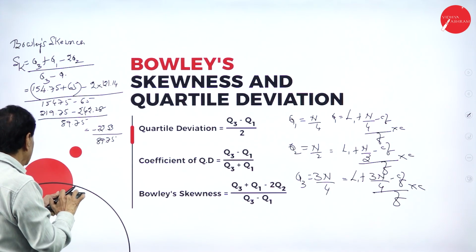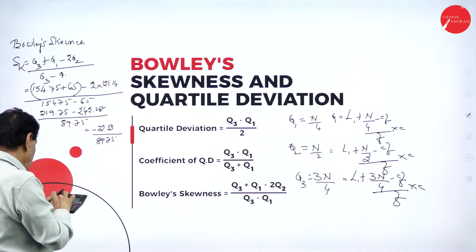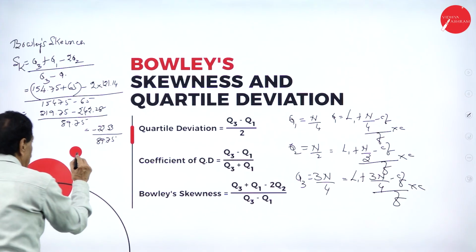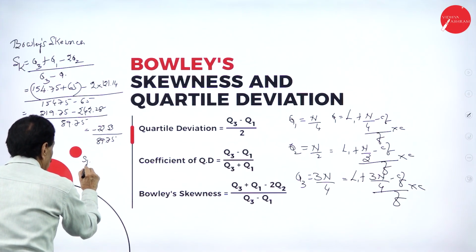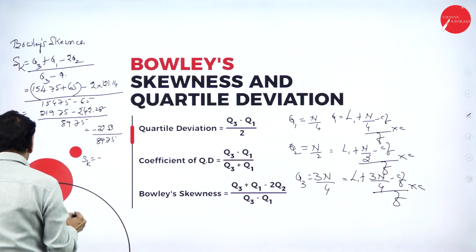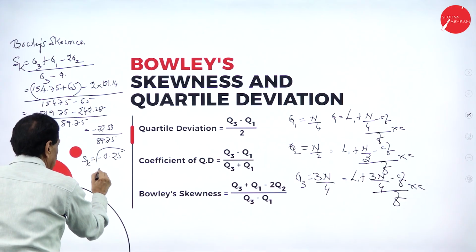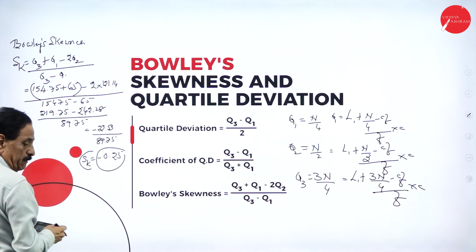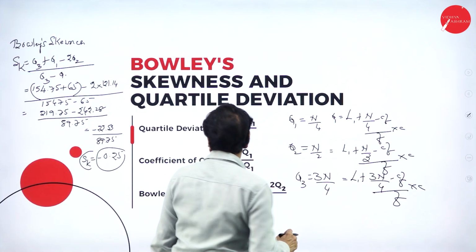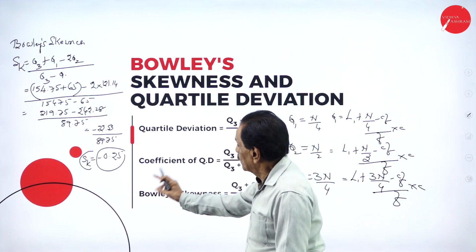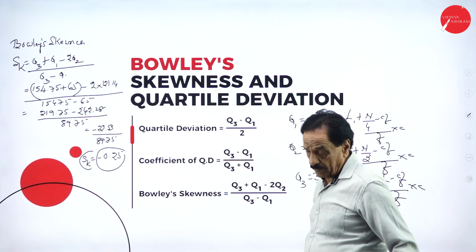Sk is equal to minus 0.25. This is your Sk, Boyle's skewness, minus 0.25.